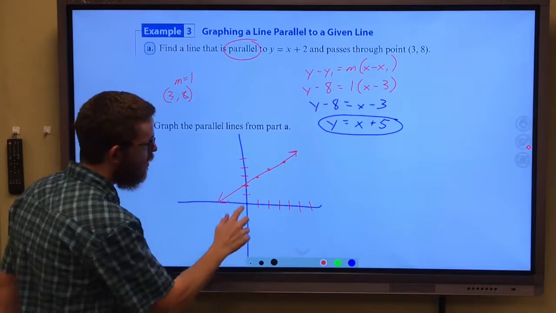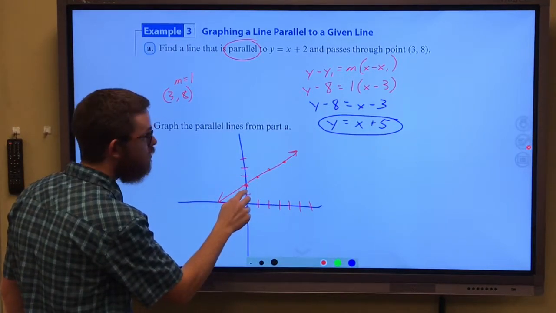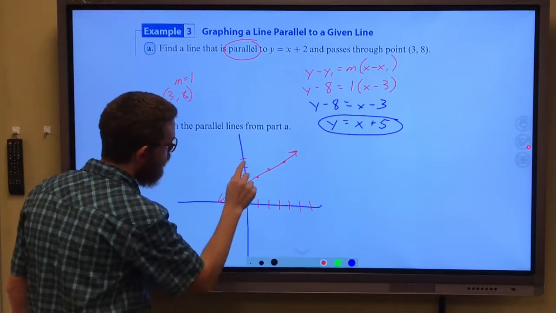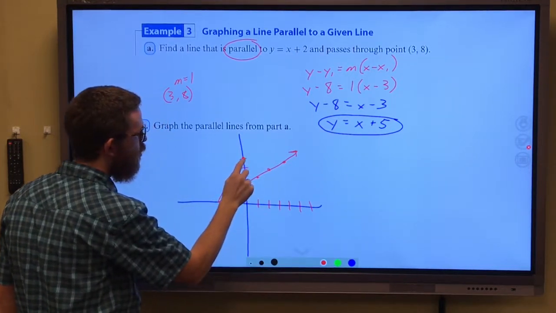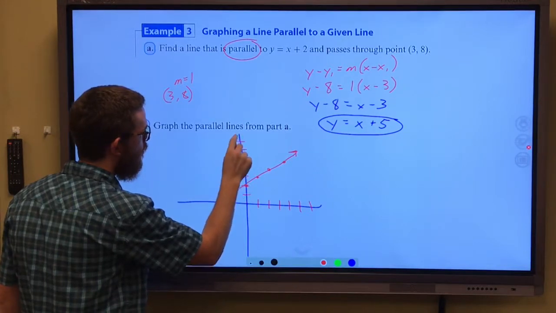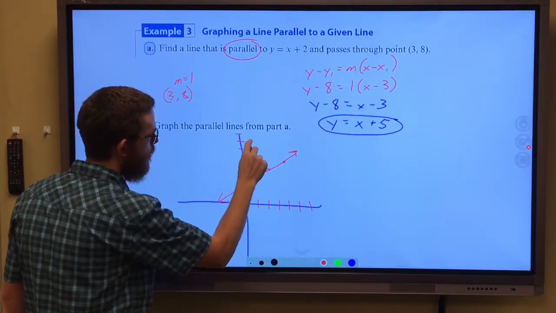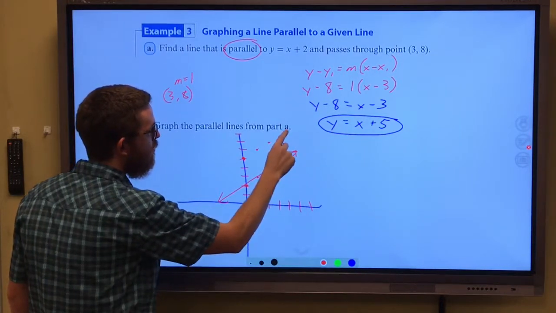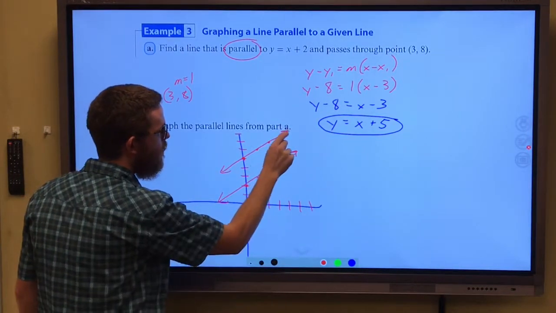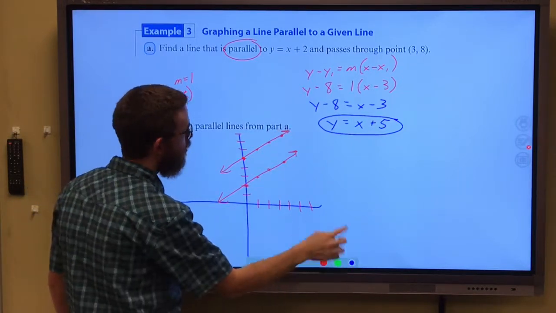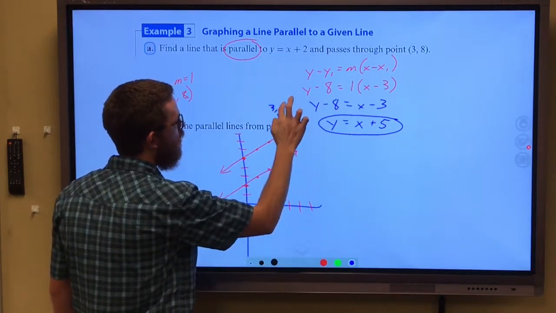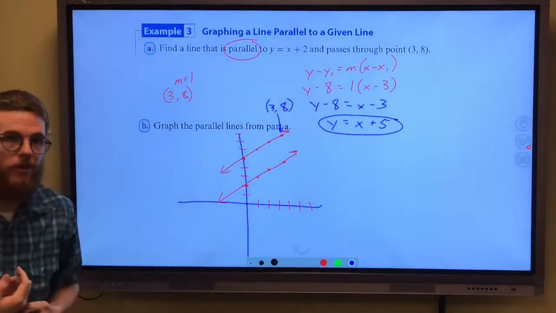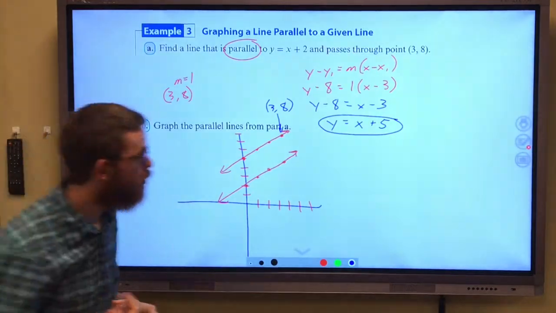My new line has a point at (3, 8). But also, I see my y-intercept is at 5. Same slope, up 1 over 1, and I have that point (3, 8). And so it still goes through that point right there. These are clearly parallel because they have the exact same slope.